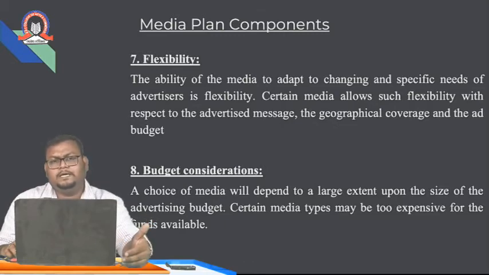Whenever their client comes to them to advertise, they also offer to place the advertisement in their supplementary newspaper like Midday, but at a very low cost, or in a discounted manner, we can say. So this is the flexibility provided by the media owner to their client, and that is known as flexibility.